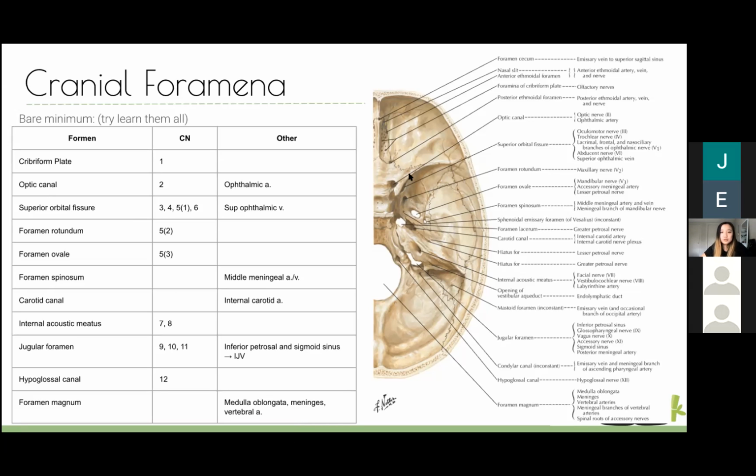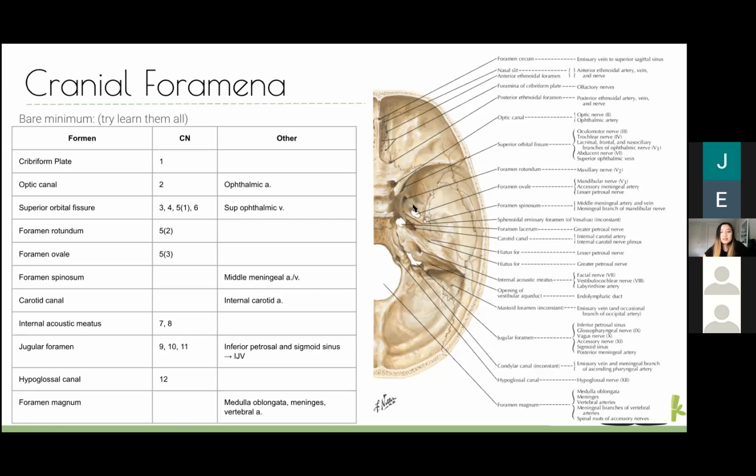The next thing is your superior orbital fissure between your greater and lesser wings of the sphenoid. And this holds all the other nerves to the eye, so 3, 4, and 6, as well as some sensation. So the first of your trigeminal nerve, as well as your superior ophthalmic vein.